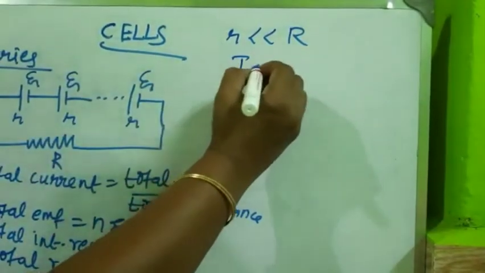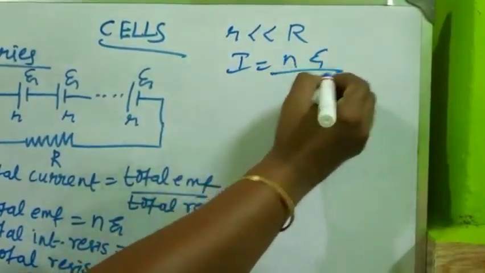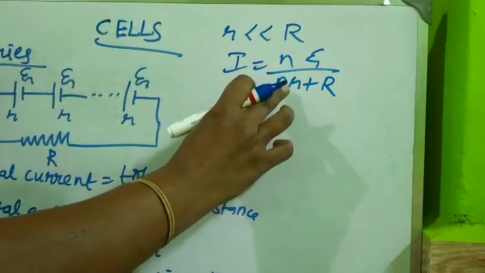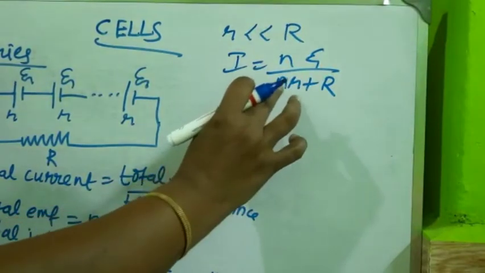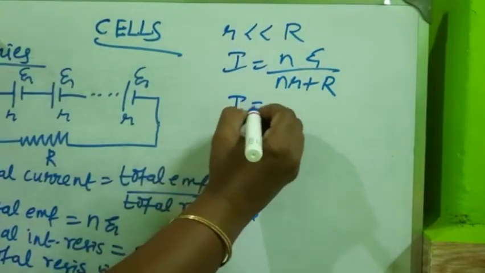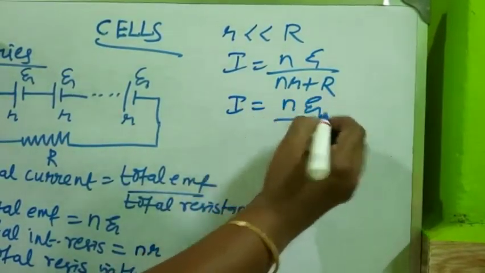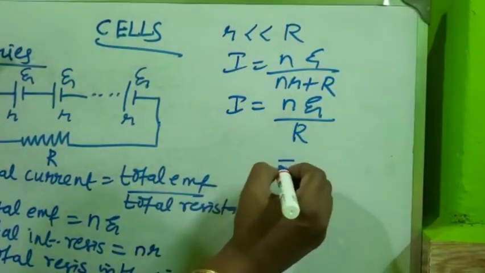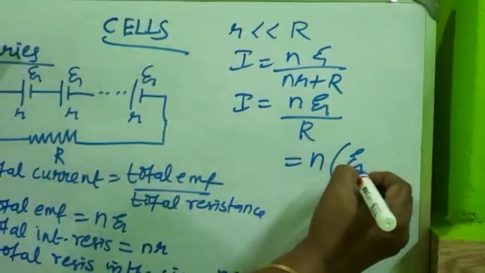So I is equal to n Xi divided by n r plus R, isn't it? I can neglect the small r value and find out the total current. I is equal to n Xi divided by, neglecting this value, the rest you have R. And the same thing can be written as n times Xi by R.